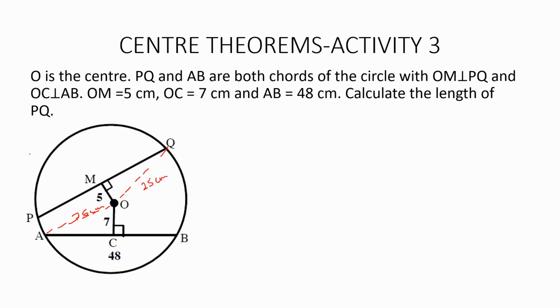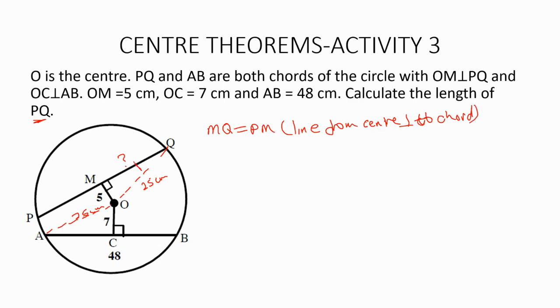So they say find PQ, and if you find MQ here, we can multiply MQ by 2 to get our PQ. Remember that, because MQ is equal to PM. Why? Because line from the center perpendicular to chord will divide it.